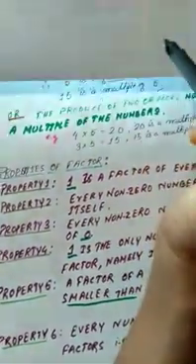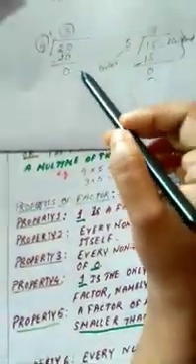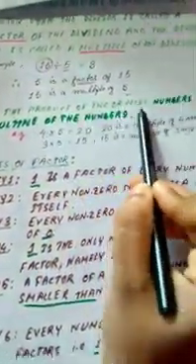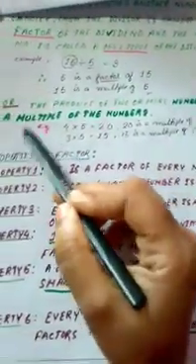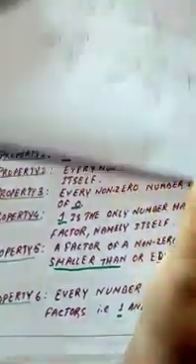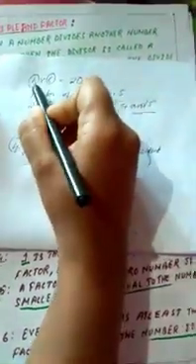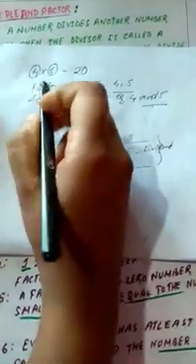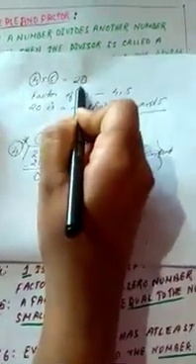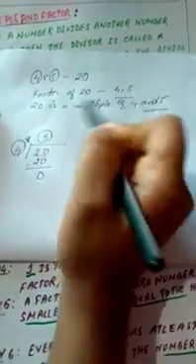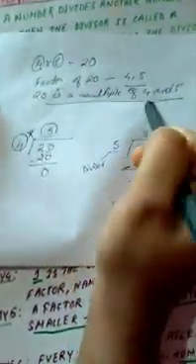Okay students, we can say it in another way: the product of two or more numbers is a multiple of the numbers. See here, if we find the product 4 into 5, we get 20. So the factors of 20 are 4 and 5, and 20 is a multiple of 4 and 5.